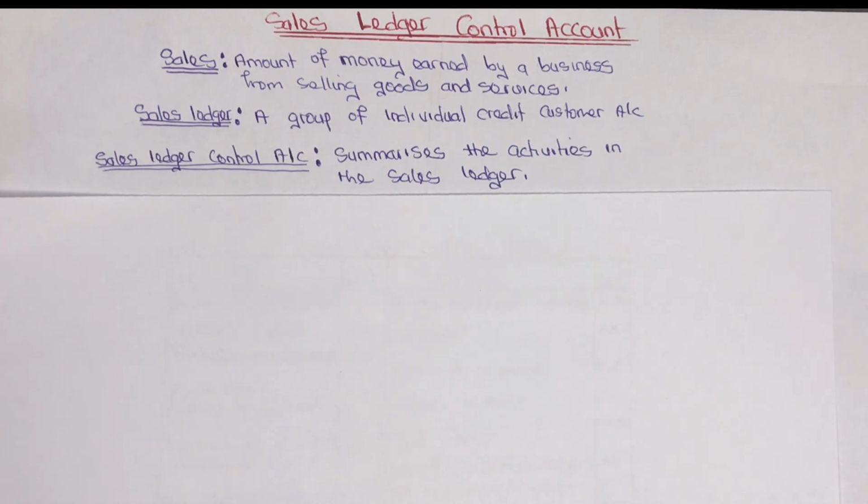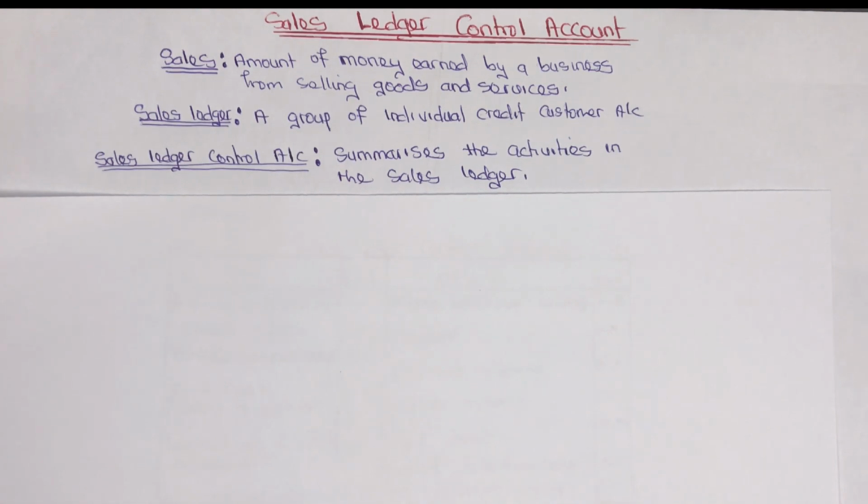If you want to get a good understanding of a sales ledger control account, you need to start reasoning from sales. When you make sales, what do you do next? You record the sales. Where do you record them? You record them in a sales ledger.